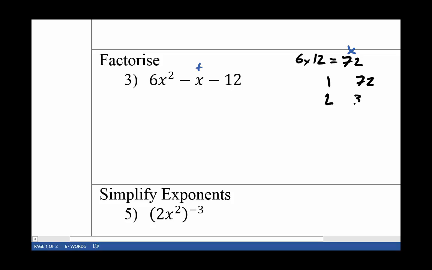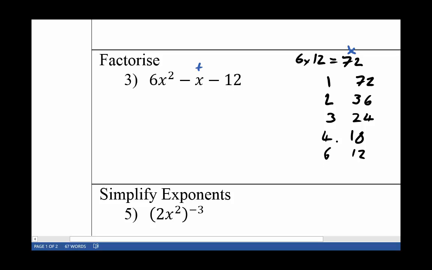I get 36. 3 times what gives me 72? 3's into 7 go twice, 1 left over, so it's 24. 4's into 72 once with 3 left over, so it's 18. 5's don't go, 6's go, so 6 times 12, because we've already got that up here.